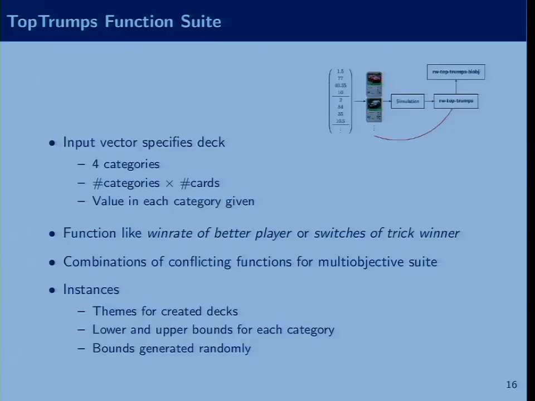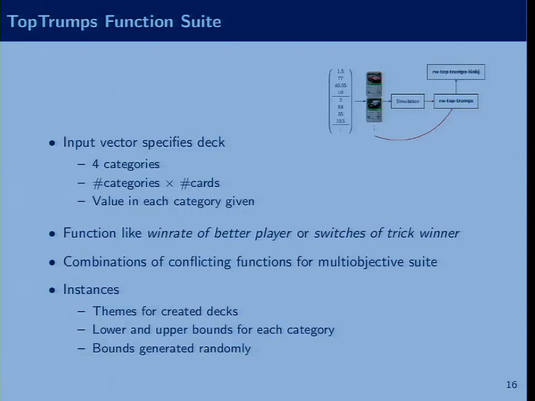So, it seems kind of obvious to us that the more switches of the trick winner we have within one game, the more interesting the game is. And then we have a set of different functions like these, and we combine these conflicting functions. I mean, some of them are not conflicting, some of them are conflicting, and it just makes sense to combine conflicting ones to a multi-objective problem suite.